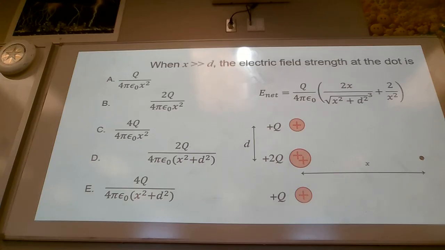All 4 charges. That's the net electric field. Okay, 4Q over 4 pi. Oh, the letter after B. Oh, okay, so it's the amount of.